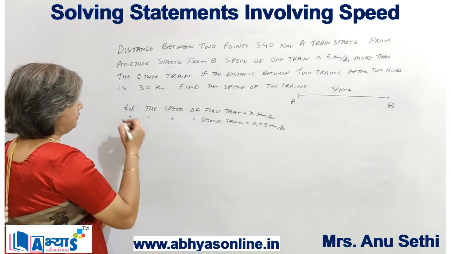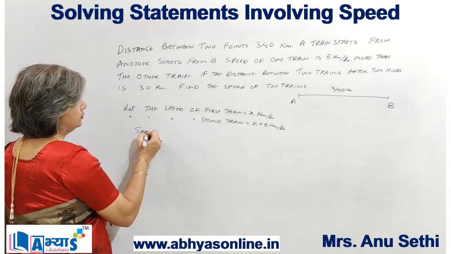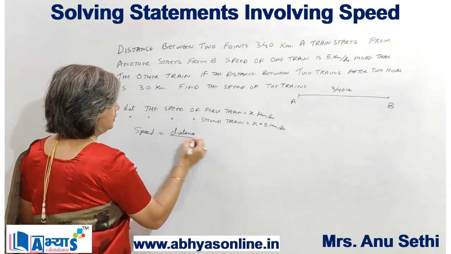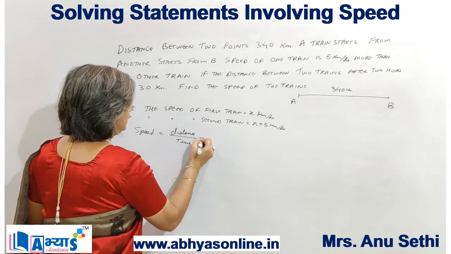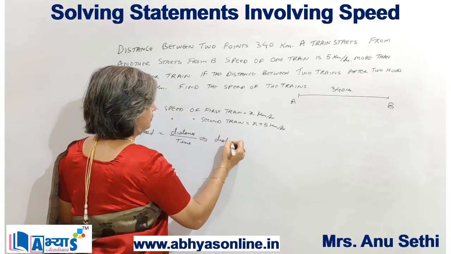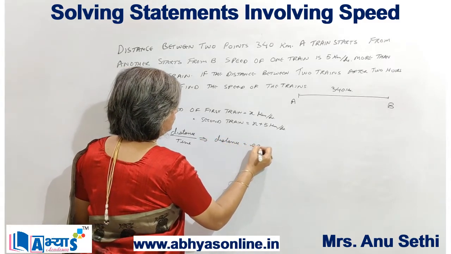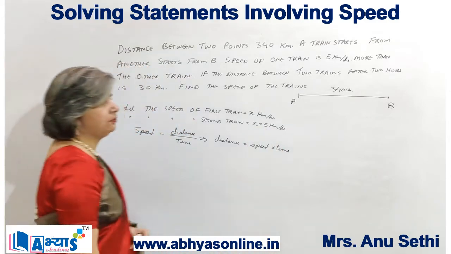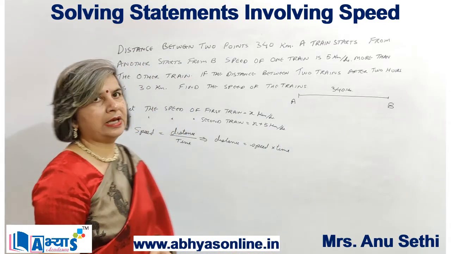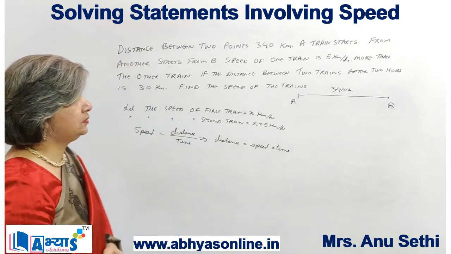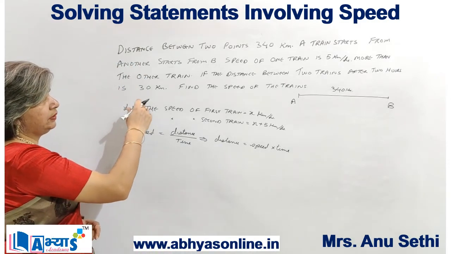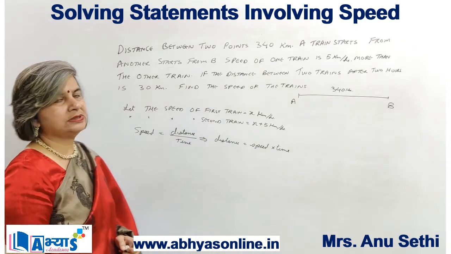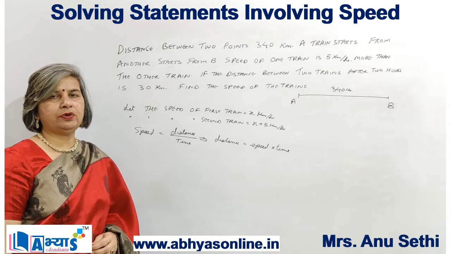Now the distance, we know that speed is equal to distance upon time, or we can say that distance is equal to speed into time. That means the distance will be equal to the speed of the train into the time for which the train is moving. As we are given the distance between the two trains after 2 hours, both the trains have travelled for 2 hours.